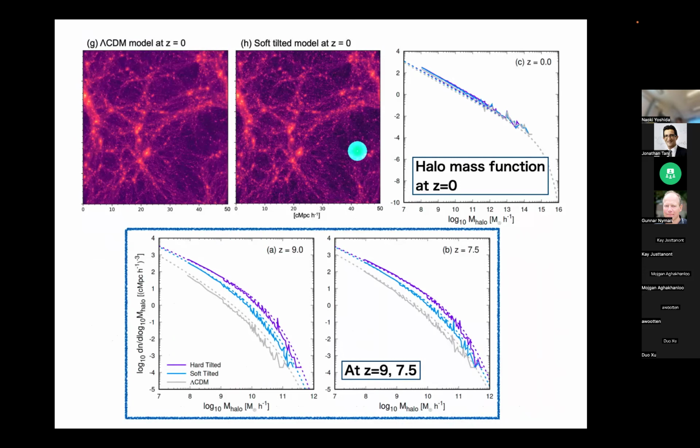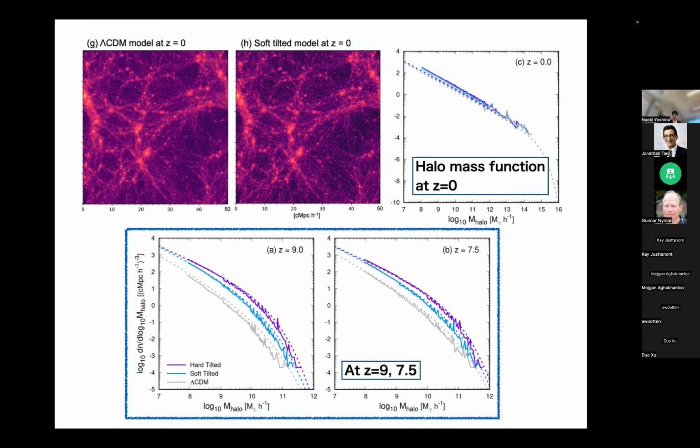If we plot the mass function, it's essentially the same. So the only significant change it makes is the abundance of galaxies at redshift 9 or 7.5 and so on, which may be consistent with what people have been arguing over the past one or two years: that there are many more galaxies, which might be explained by this modification of the primordial power spectrum.